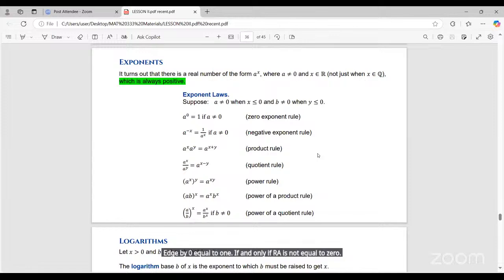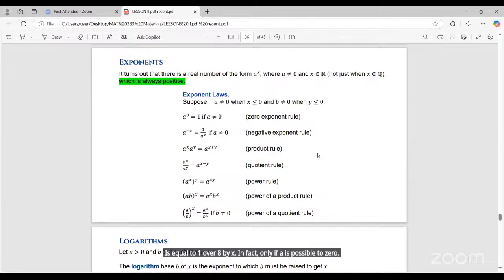That's the first law, and we call it the zero exponent law. a to the power minus x is equal to 1 over a to the power x, if and only if a is not equal to 0.